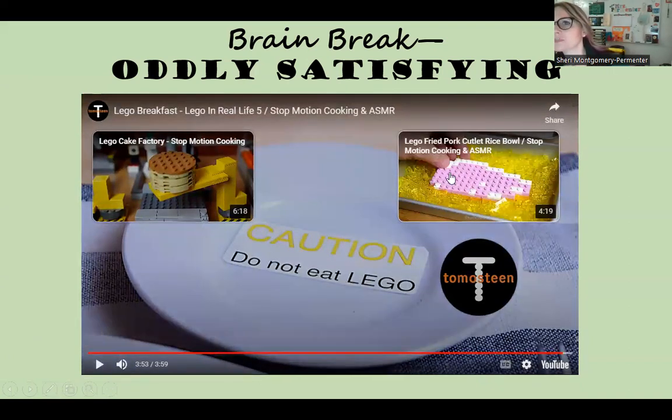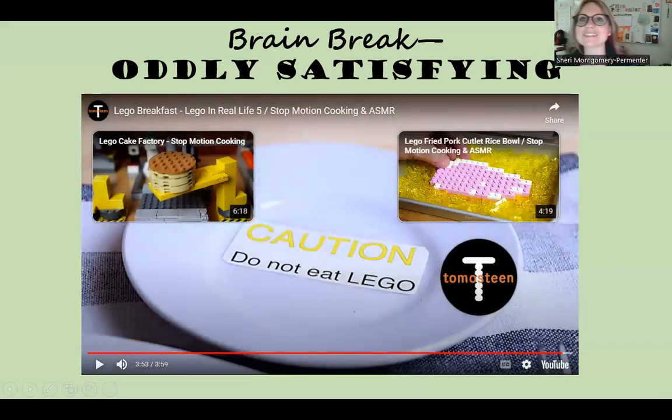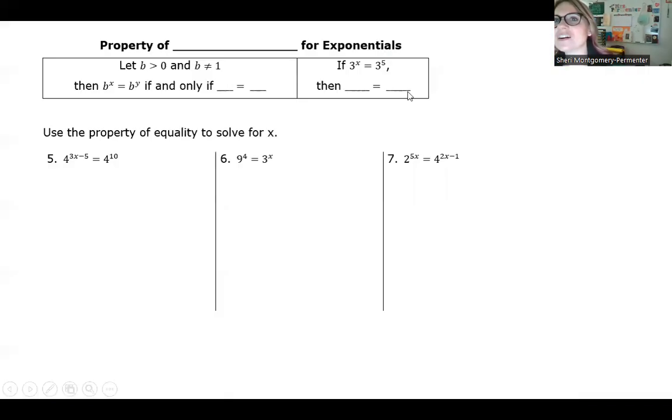Oh, we've got a fried pork chop. I don't really know. All right. The fried pork chop? Or really any of it? Yeah. That was interesting. I can only imagine how long it took to make that 3-minute video. That would have taken forever.